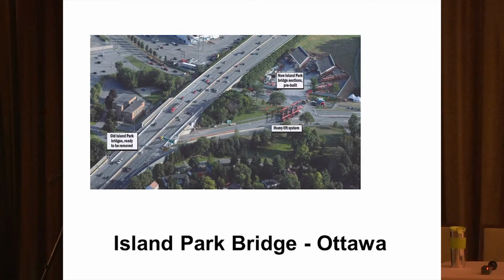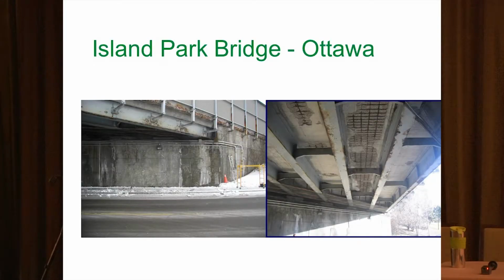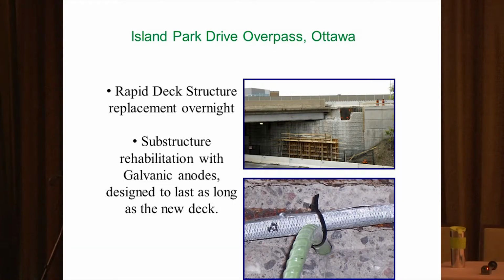We're now doing this more and more on bridge replacement projects, quite often on the substructures. This project was done a few years ago and had some pretty serious issues, not just on the abutments, but also on the superstructure and the deck.